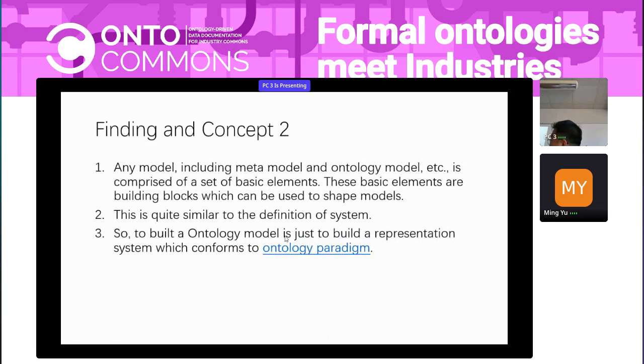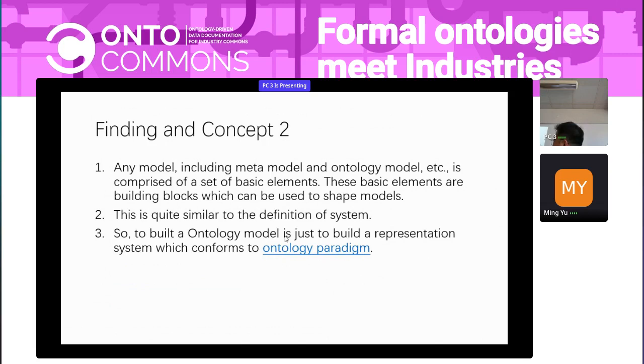The second finding is that any model, including the meta model and ontology model, is comprised of a set of basic elements. These basic elements are what we call building blocks, which can be used to shape our real world, our models. This is quite similar to the definition of systems.